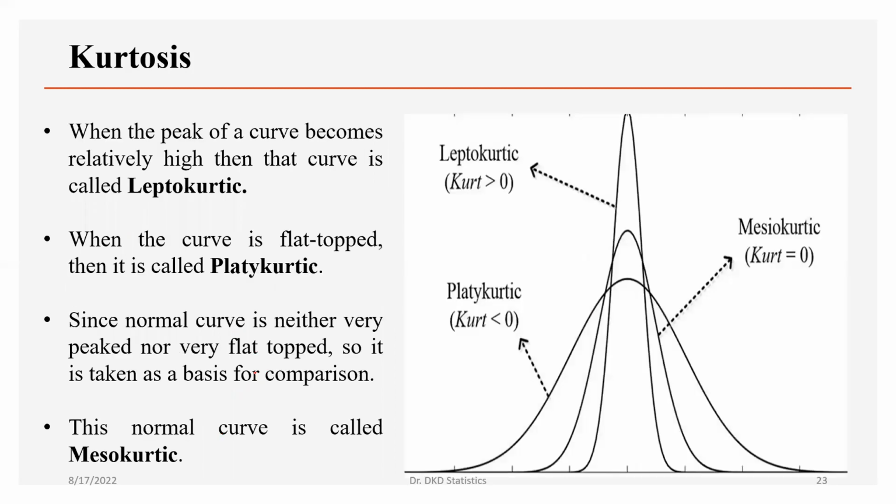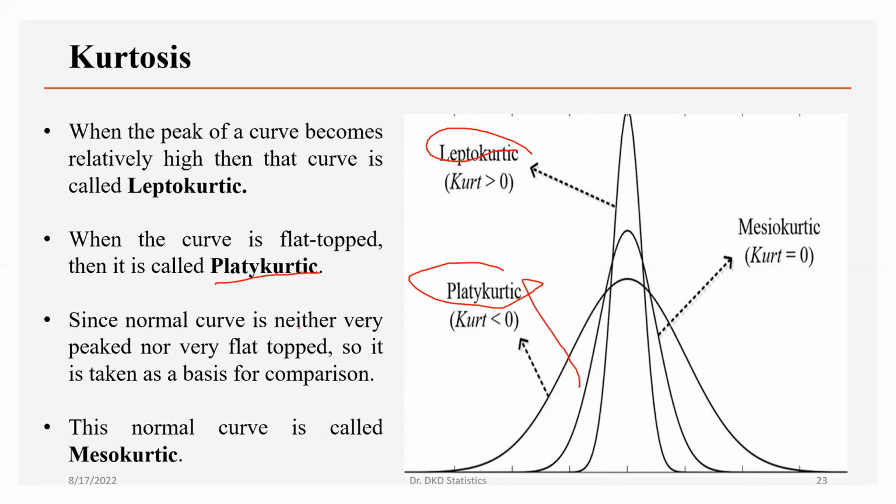When the peak of a curve is relatively high, the curve is called leptokurtic. And when the curve is flat topped, it is called platykurtic.